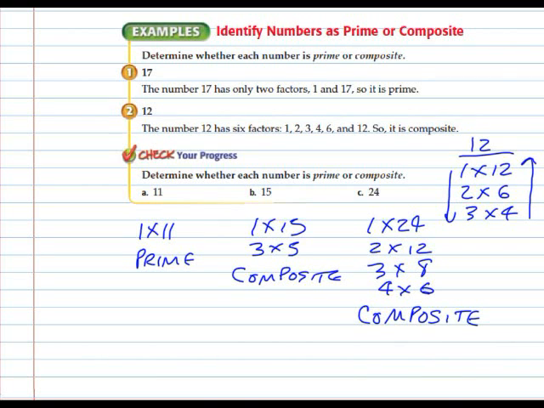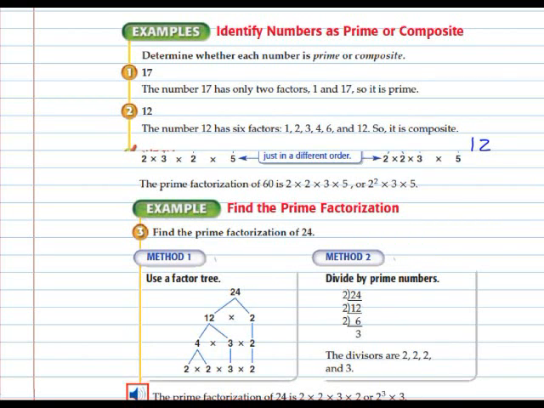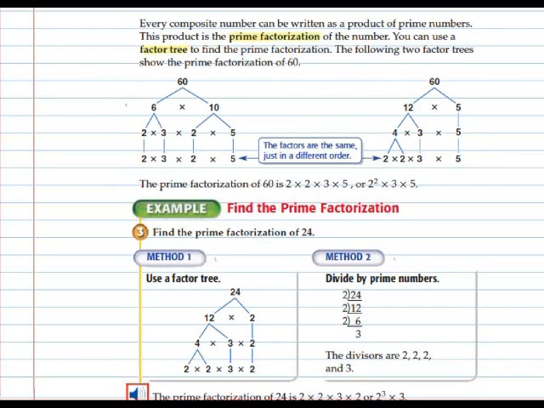All whole numbers greater than 1 must be prime or composite. Every composite number can be written as a product of prime numbers.